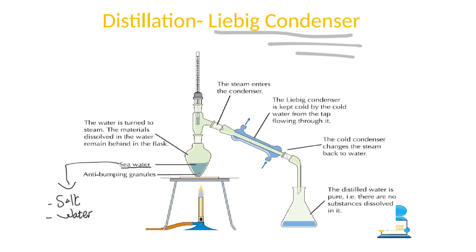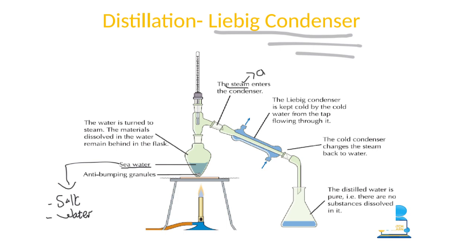So what we do is we apply heat to the seawater solution. And of course, if we apply heat to the seawater solution, some of that water is going to evaporate. The evaporate will rise up through this container. It will enter the Liebig condenser as a gas. So the steam, which is the gas, will enter the condenser.